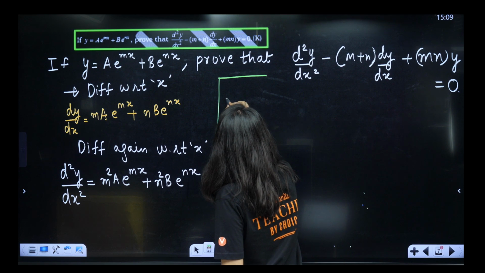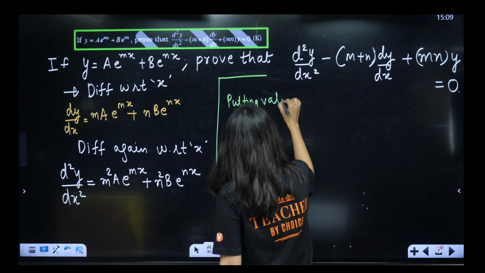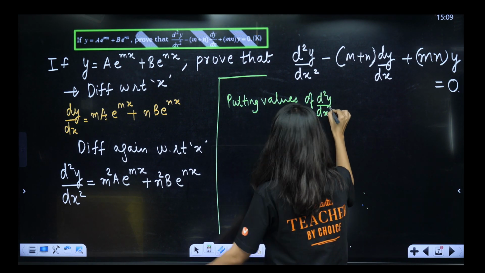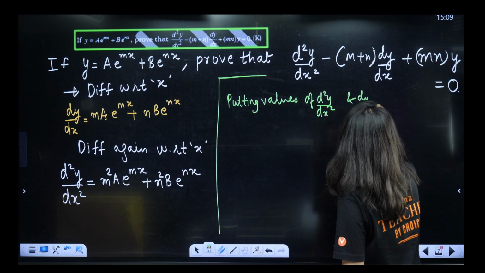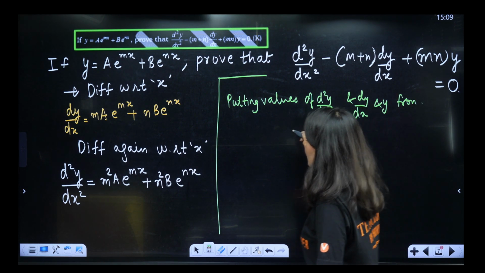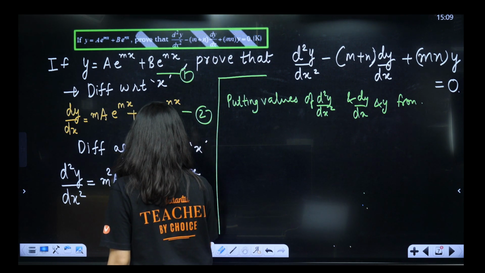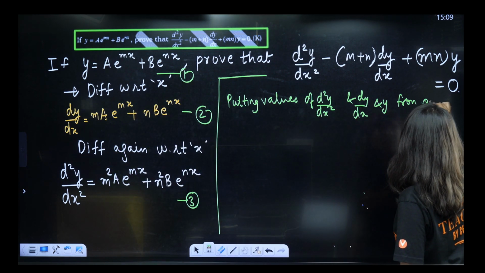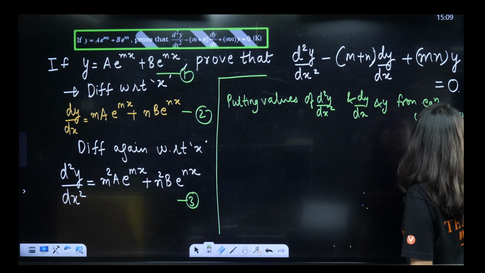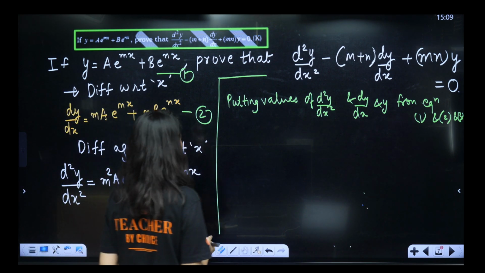Now put the values of d2y by dx square and dy by dx and y from equation 1, let us assume this is 1, this is 2, this is 3. From equation 1, 2 and 3. Correct? Let us put the values. Let us see whether we are getting right hand side 0 or not.